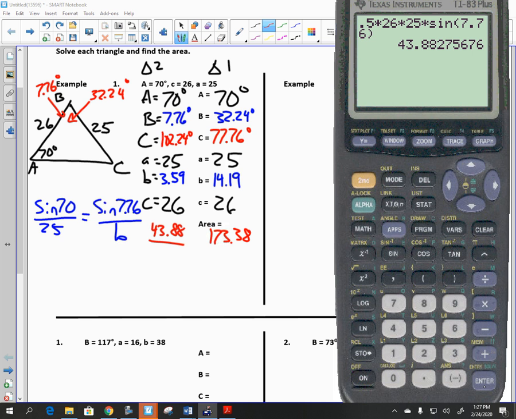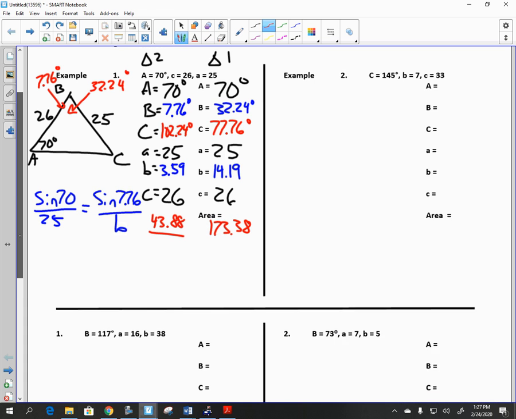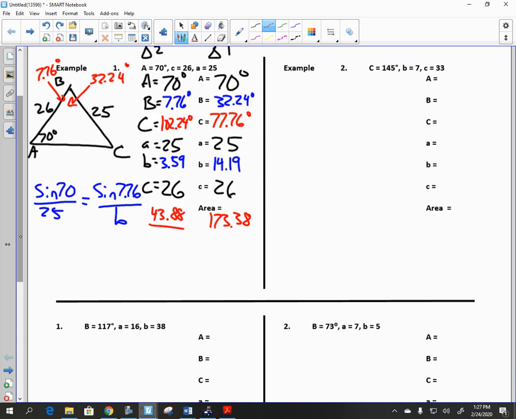That's it. So that's the most work, when you have two solutions.